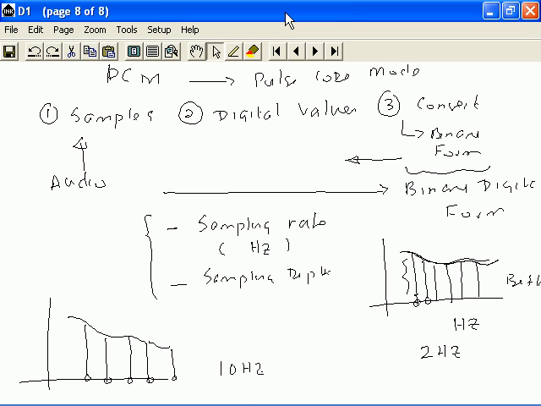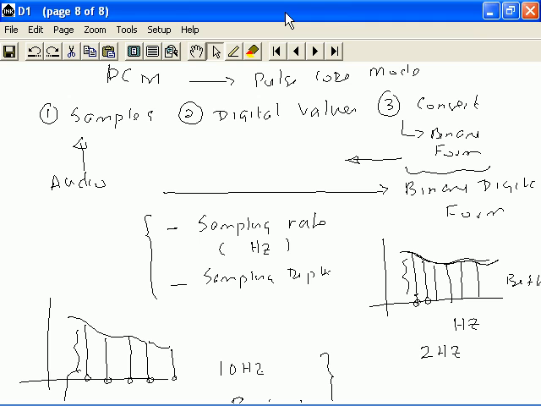In this case, let's say we are using 8-digit sampling depth. That means we are using 8 digits to represent the height. In this case, it would be, let's say, 0 1 0 0 1 0 1 0 to represent this height. Again, the more the number of digits that we use, the better the quality of the audio that we capture.